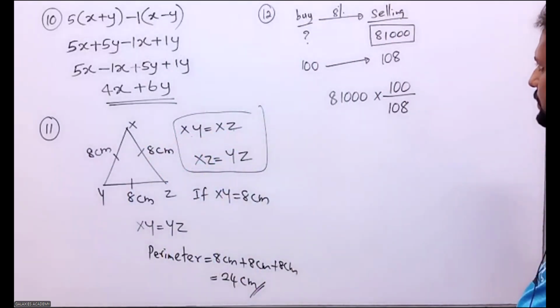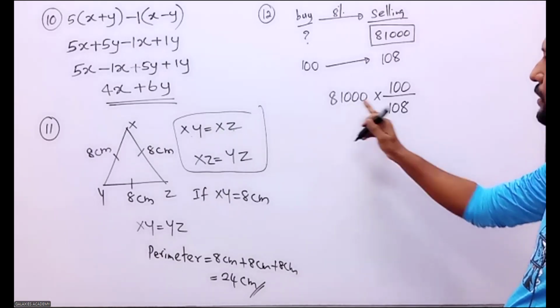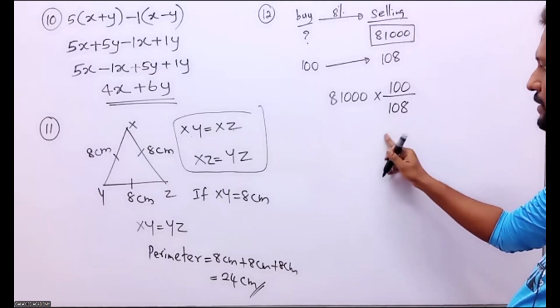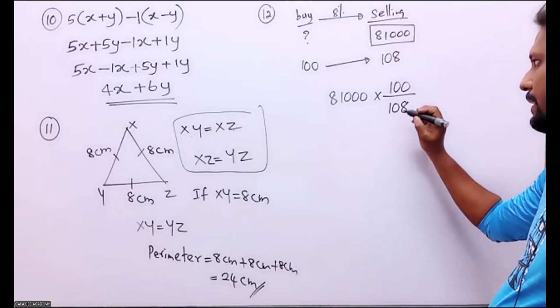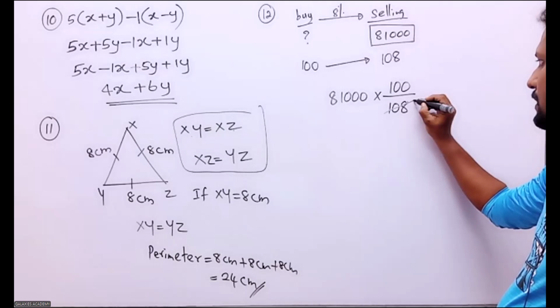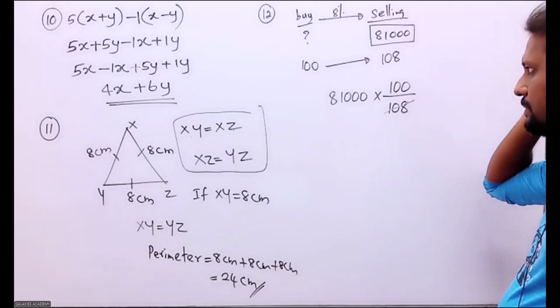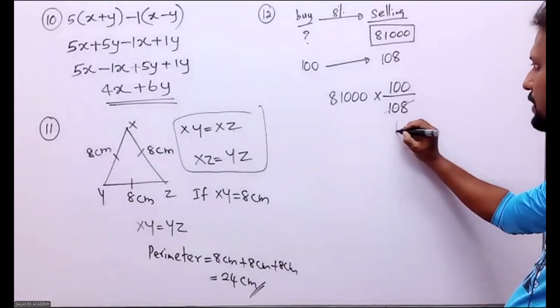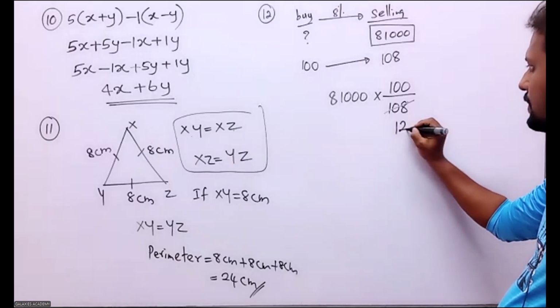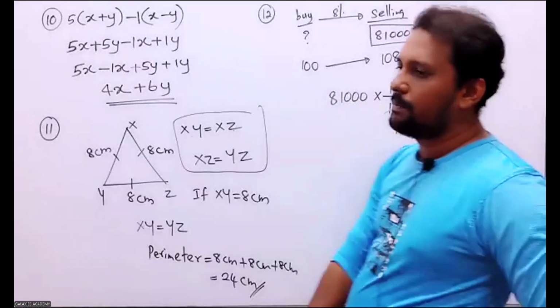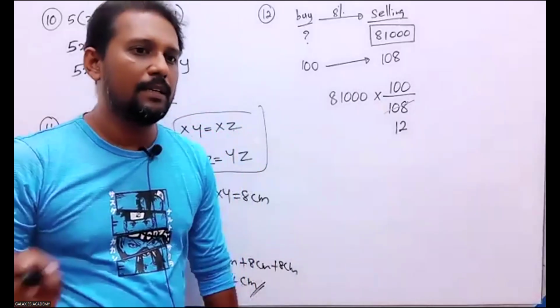Now check. I can simplify 81,000 over 108. First, I can divide by 9. This one divide by 9. The answer is 12. Also, this one I can divide by 9. 81 divide 9 is 9, no?